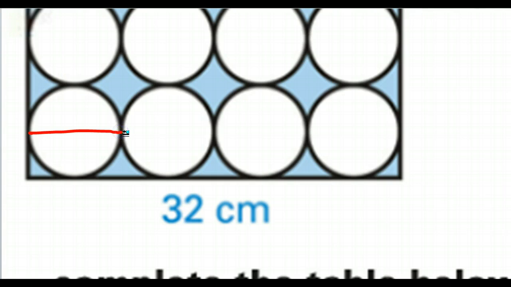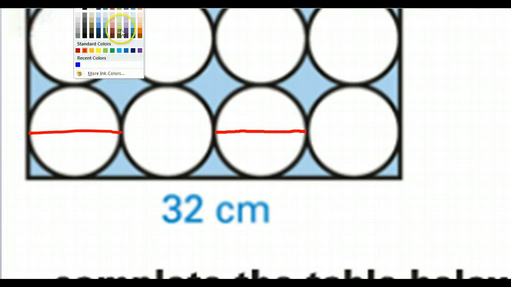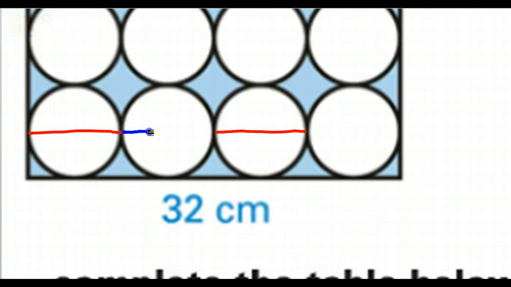look at each one of these, like this, and this, and this, and this. Okay, can you tell me what each one of these diameters is? Of course you can, because if I just look at this one right here, there's 4 of them, and they all add up to 32. So if I take my 32 and divide it by 4, that's going to give me 8, right?